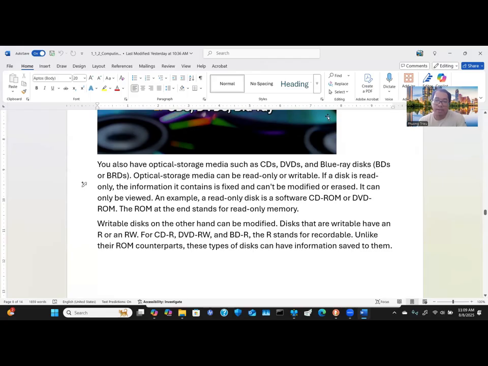If a disk is read only, the information it contains is fixed and cannot be modified or erased. So for information from a DVD, when you insert a DVD into your computer, you may see a lot of data or information from that particular DVD, but actually you cannot erase, modify, or change any information from that DVD.